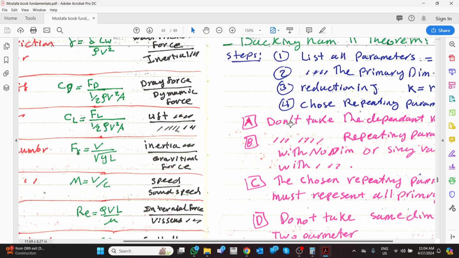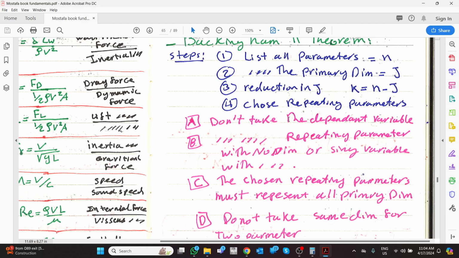To select repeating parameters, a parameter should not depend on another parameter. You cannot do that. Also, don't take a repeating parameter with no dimension, like Mach number. It has no dimension, so don't do it.